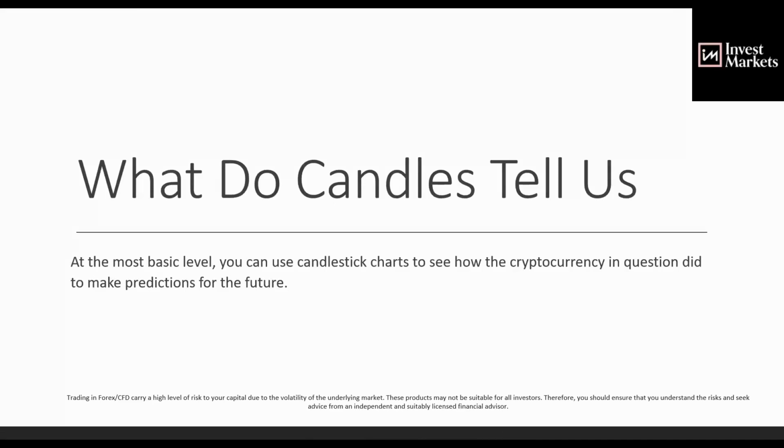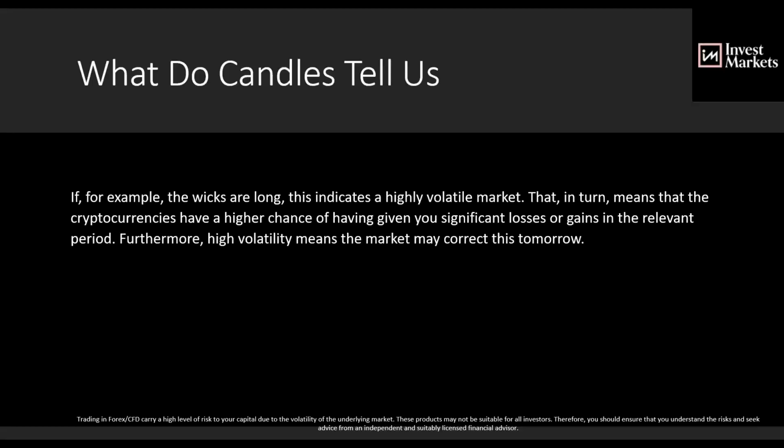So at the most basic level, you can use candlestick charts to see how the cryptocurrency in question did to make the predictions for the future. If, for example, the wicks are long, this indicates a highly volatile market. That in turn means the cryptocurrencies have a higher chance of having given you significant losses or gains in that relevant period. Furthermore, high volatility means the market may correct this tomorrow.